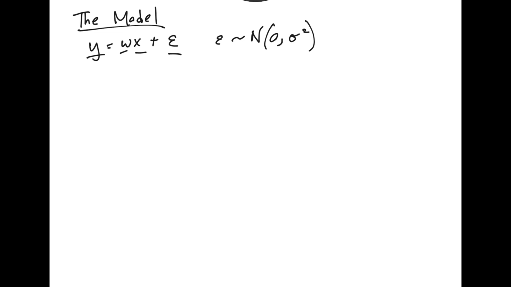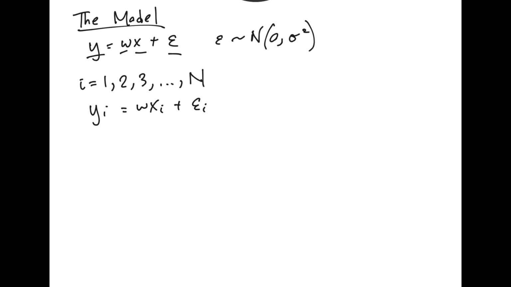All right, so on the next slide here, we have a way to represent multiple data points. As you know, our training data will consist of pairs of x, y data points. We'll say we have n pairs, so we index them using the letter i, going from 1, 2, 3, all the way up to big N. We say y sub i equals w times x sub i plus epsilon sub i.